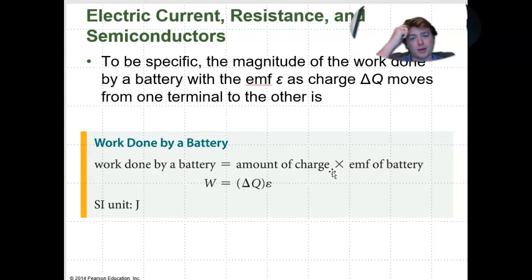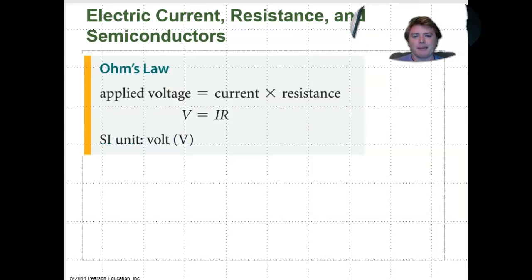And so, how can a 50,000 volt taser be non lethal and somebody be electrocuted by a 120 volt outlet in their house? It's because it's the amount of charge and the voltage together which give you the energy. So it is not as simple as just saying voltage in terms of comparing the power output or the energy output of a circuit. And then we come to Ohm's law.